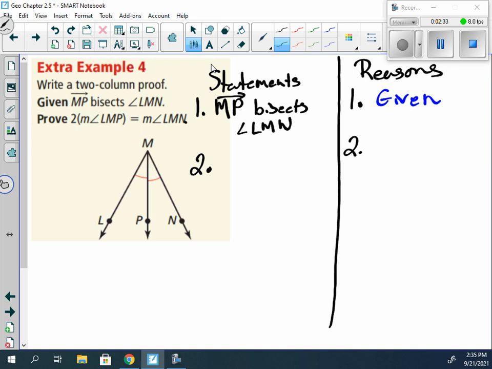Now, we already have the given information down. MP bisects angle LMN, the whole thing, it is bisected. If we have a line, ray, or line segment that bisects an angle, it does what? It cuts it into half, or 2 congruent angles. So that means that angle LMP is congruent to angle PMN.